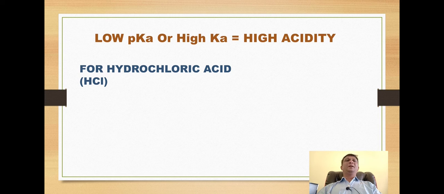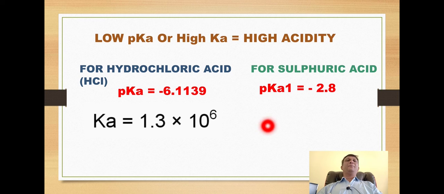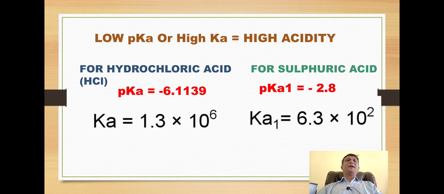For example, for hydrochloric acid, the pKa value is minus 6.1139 and its Ka value is 1.3 into 10 to power 6. While for sulfuric acid, the pKa1 value is minus 2.8 and the Ka1 value is 6.3 into 10 to power 2.